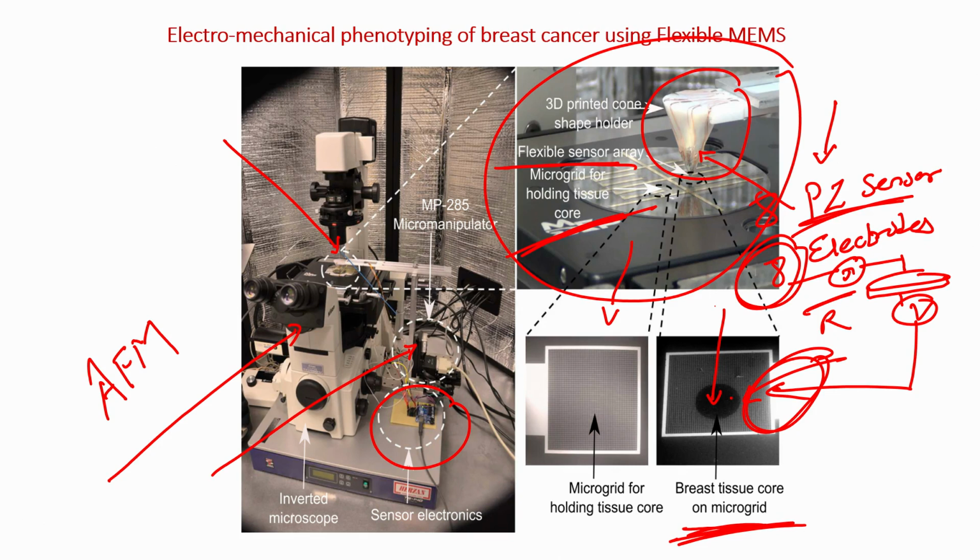I hope you understood what we mean by designing flexible MEMS for application in this particular area, where you want to delineate between normal and cancerous tissues. In the last class we saw a piezoresistive cantilever that can measure the change in the mechanical properties of tissue.